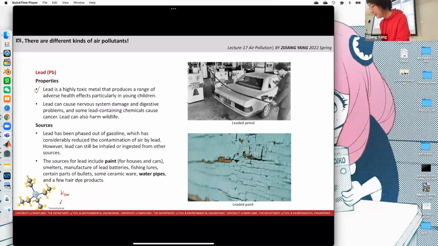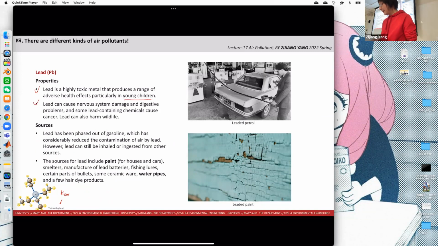As for the properties, lead is a highly toxic metal that produces a range of adverse effects, especially for young children. Lead can cause different adverse effects, which I'm not going to read out. But it is not only bad for human beings, it is also bad for wildlife. As for the source, it has been phased out of gasoline.